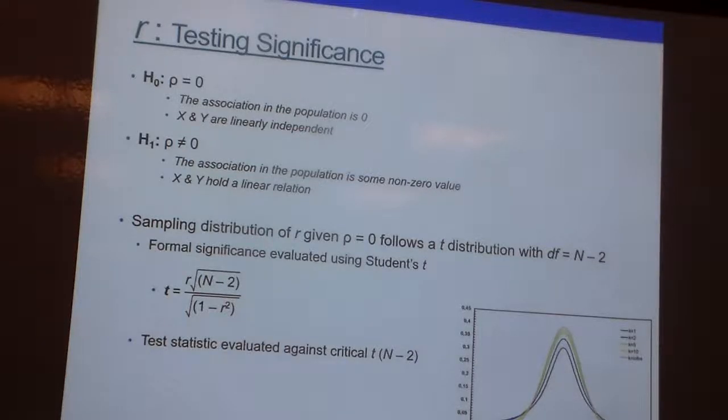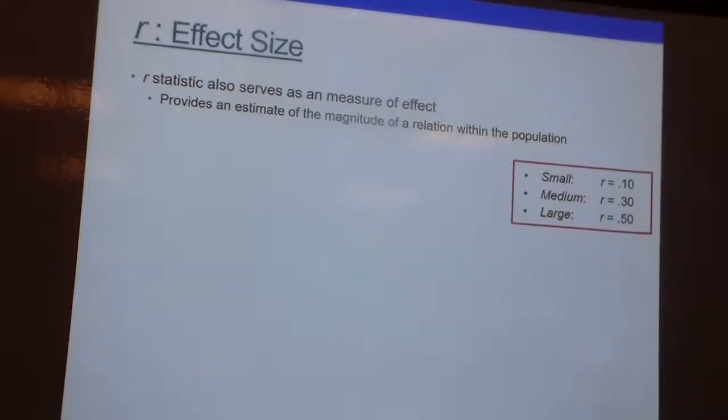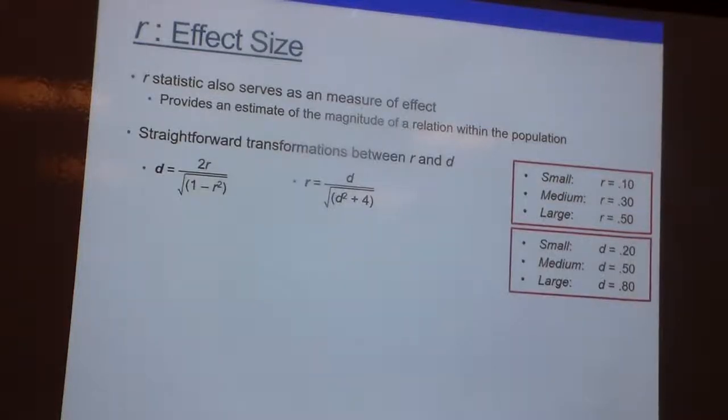Easy peasy, right? Also talk about R in and of itself being an effect size, very basic form of effect. And this is oftentimes what we'll see in meta-analyses. Effect sizes from different studies being converted to an R metric, and then being able to compare those, small, medium, and large. For R's, straightforward relation between D and R, right?